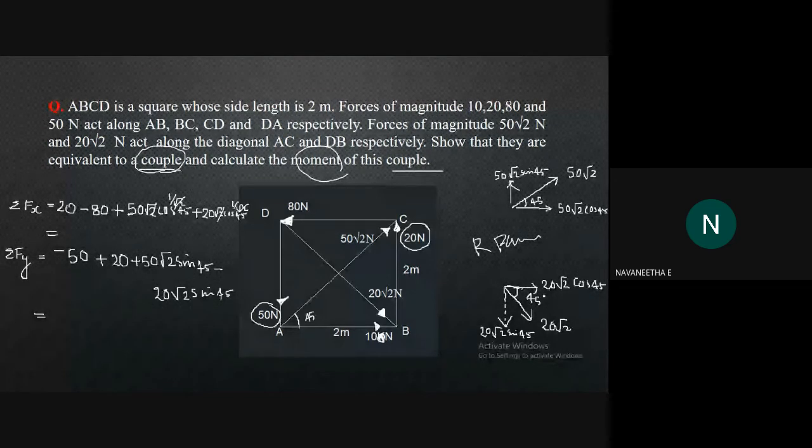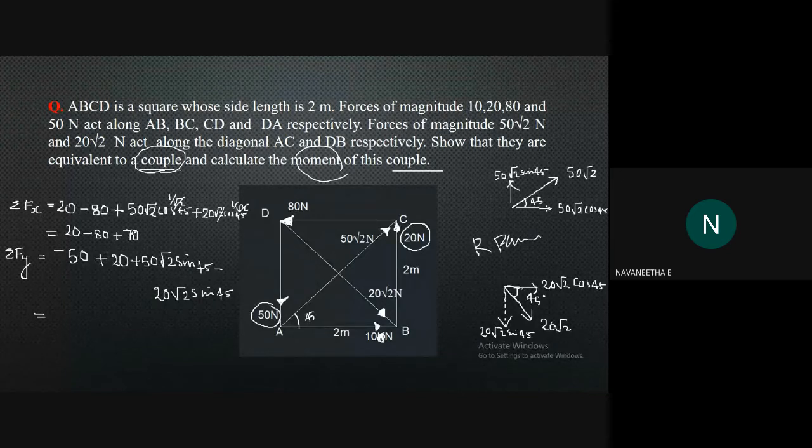Then here 20 minus 80 plus 50 plus 20. 50 plus 20 is 70. Is it right or wrong? Sigma fx equal to 0.